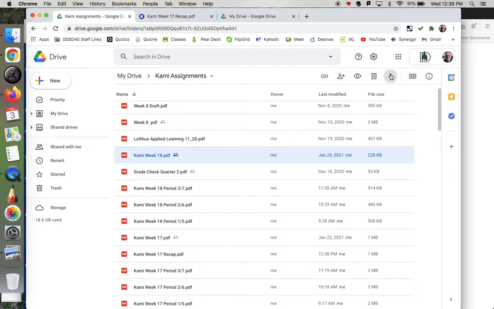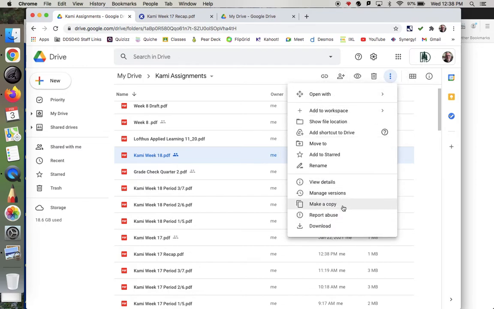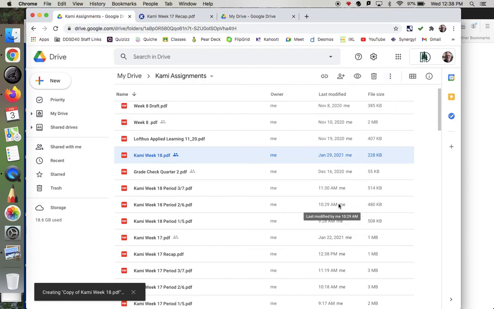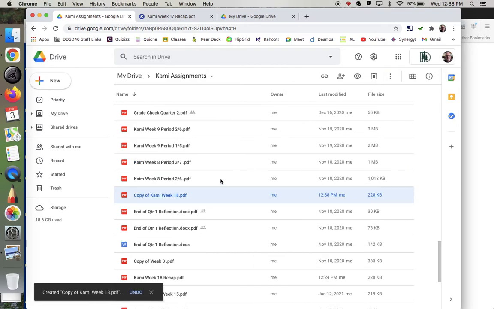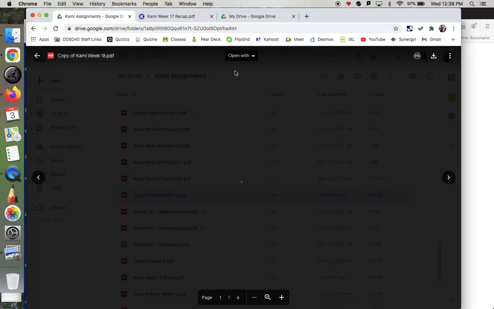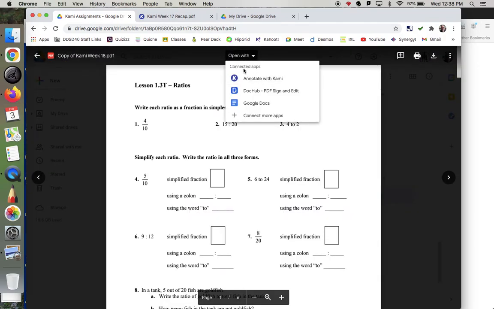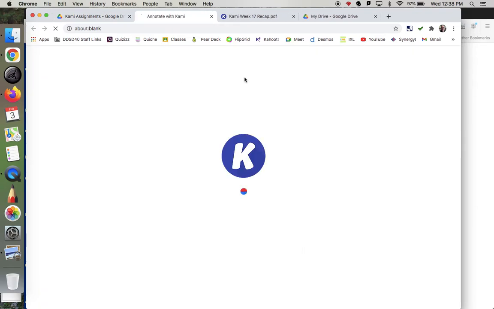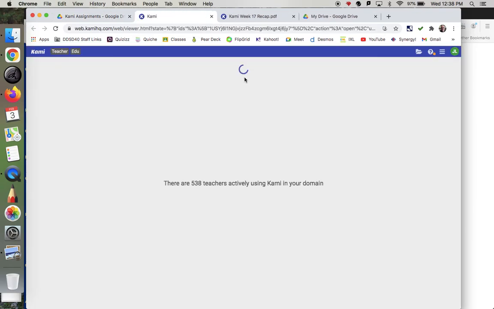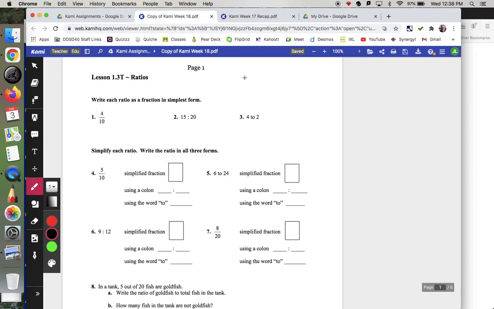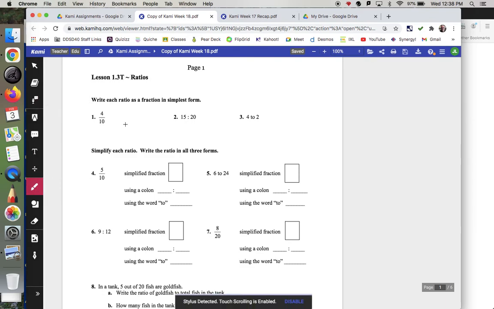Let me make a copy of this. So this one didn't have a goal today. We're just going to write each ratio as a fraction in simplest form.